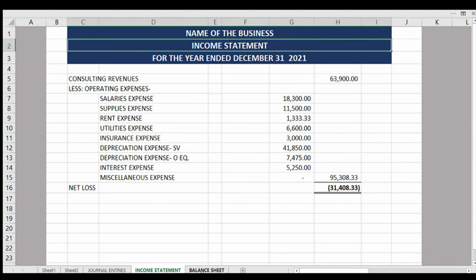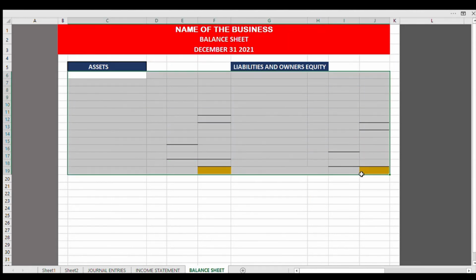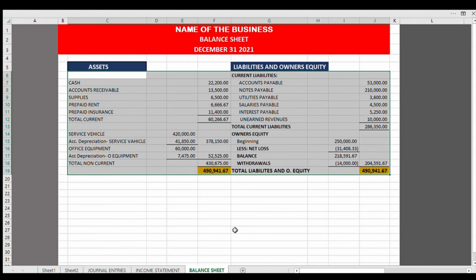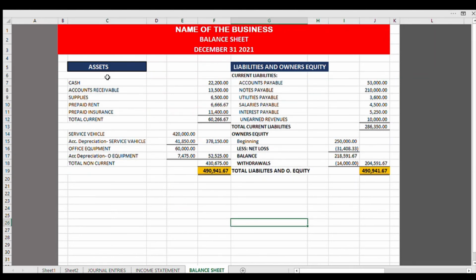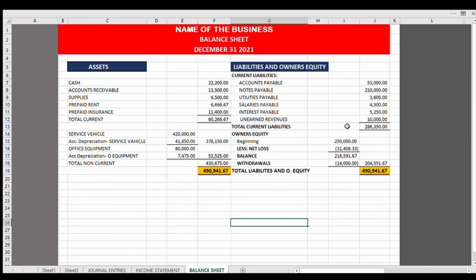Now we will proceed to the balance sheet. We will now make it fast. We will just provide all the adjusted balances. Like what I've said, whatever is the balance here, we will just reflect it to the formal report of the balance sheet. But we have to make some explanation.